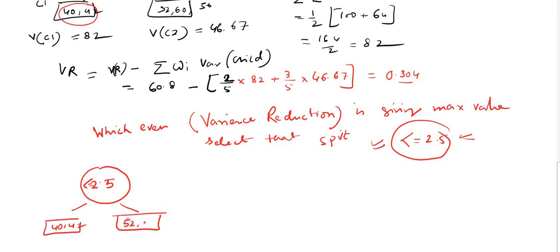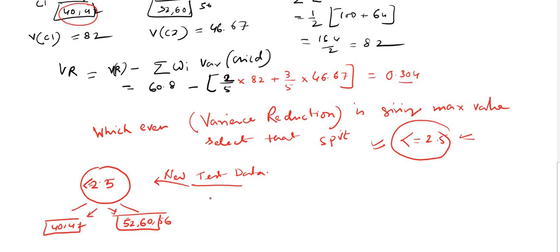Let's consider 52, 60, and 56. When the new test data comes here, it will follow this path or maybe this path.